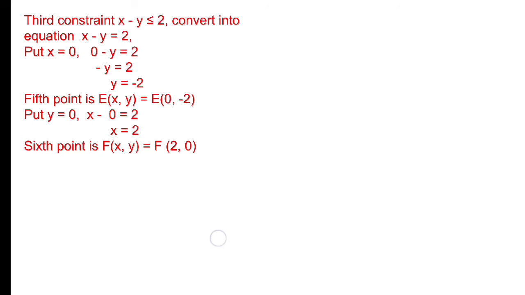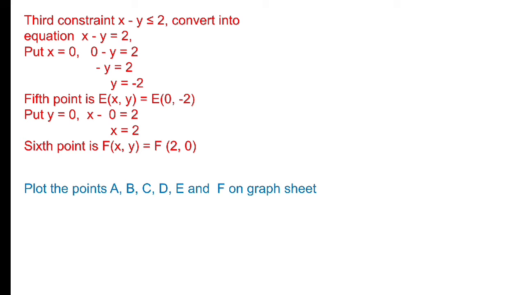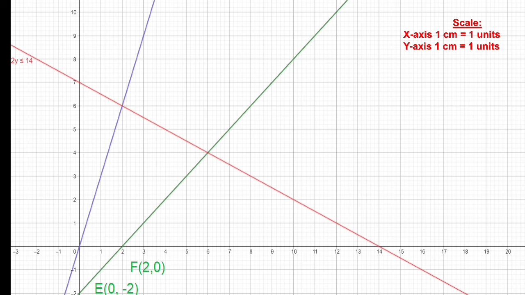Then plot the points A, B, C, D, E and F on the graph sheet. The scale will be considered here as x-axis 1 centimeter equal to 1 unit and y-axis 1 centimeter equal to 1 unit.